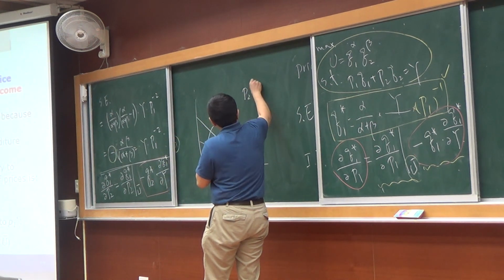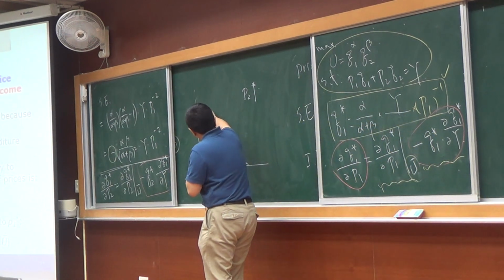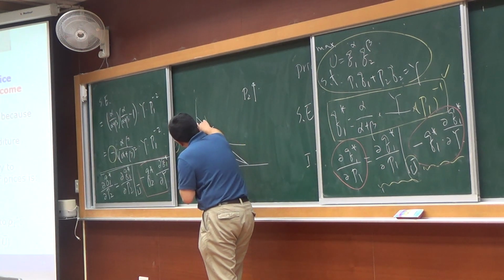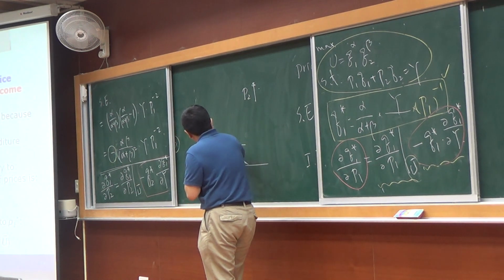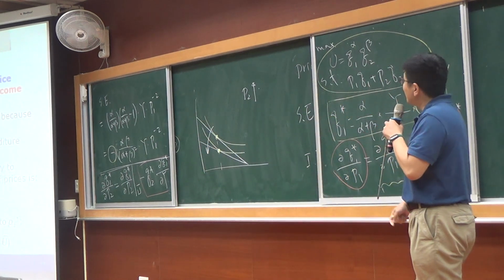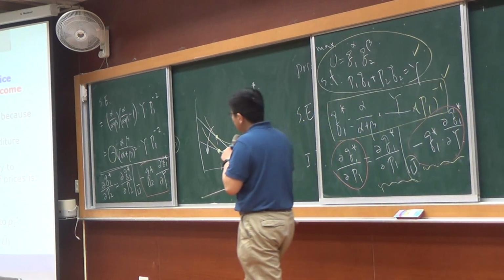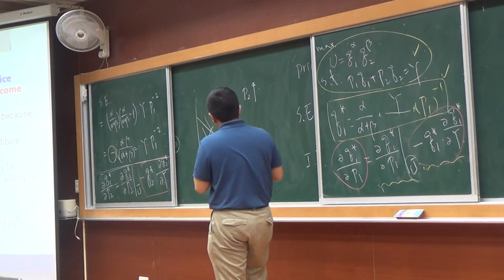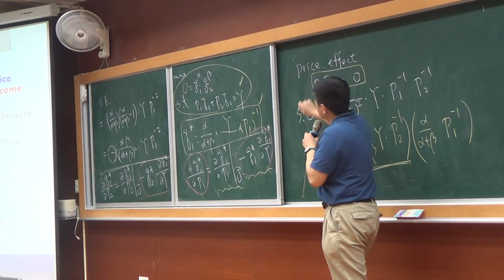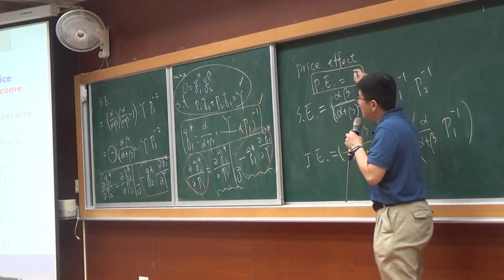When P2 increases, for a Cobb-Douglas utility function, the price effect from the increase in P2 would be 0 on Q1.